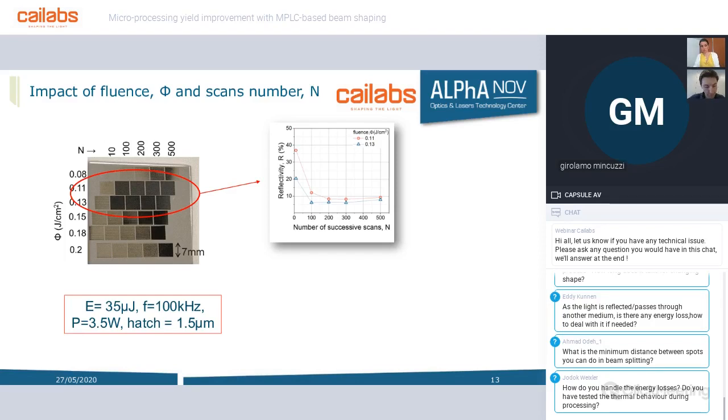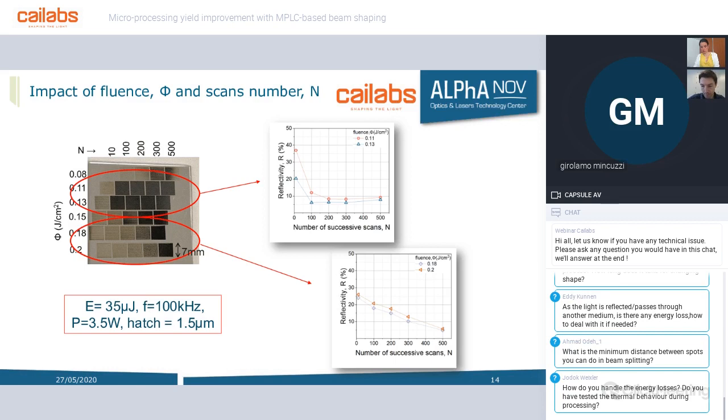And a second trend, relative to a fluence of nearly 0.18 joule per square centimeter, in which we observe a decrease of reflectivity when passing from 10 to 500 scans, which is monotonic and approaches 5% at 500 passes. What is the difference in terms of morphology?